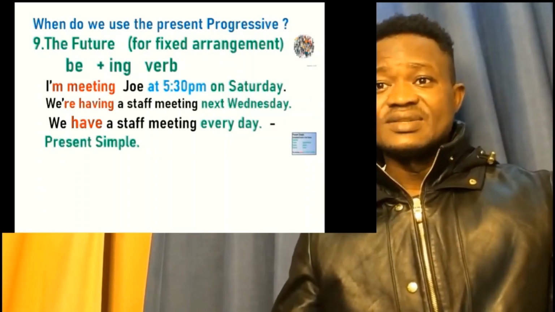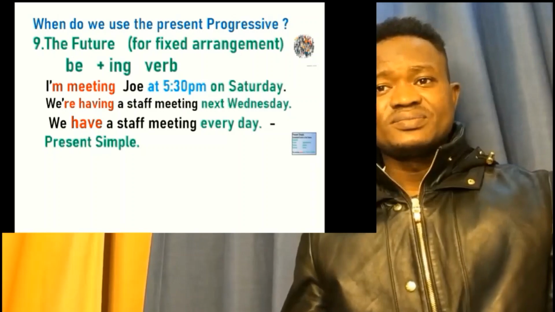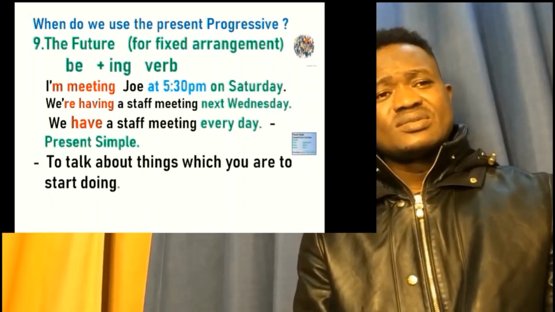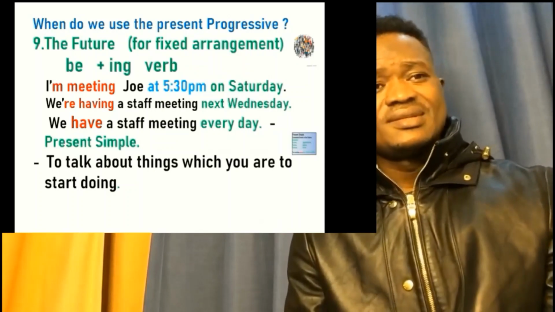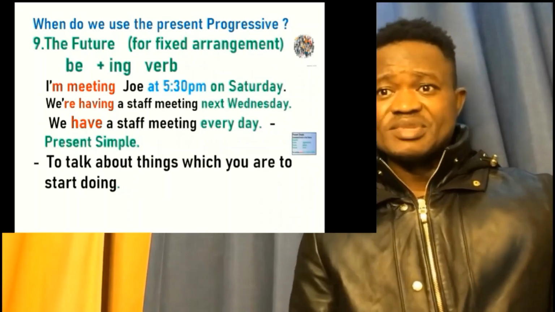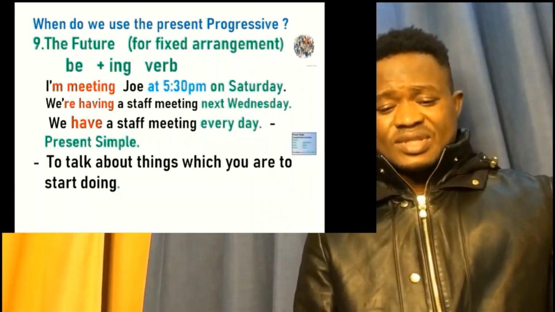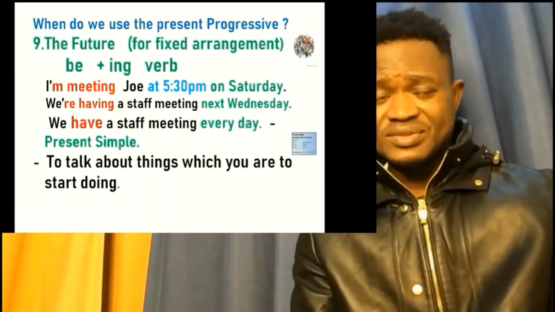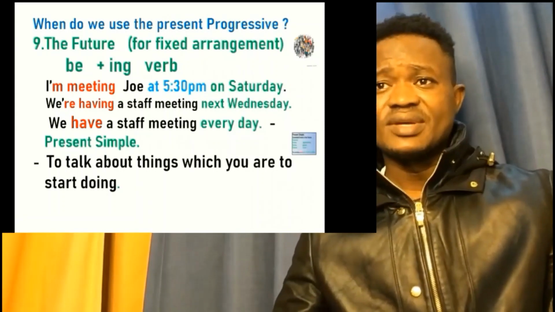Okay, all right, guys. Let's talk about things you are about to start doing. This also talks about future arrangement. So, things you're about to do. You're just about to do it. Let's see some examples.